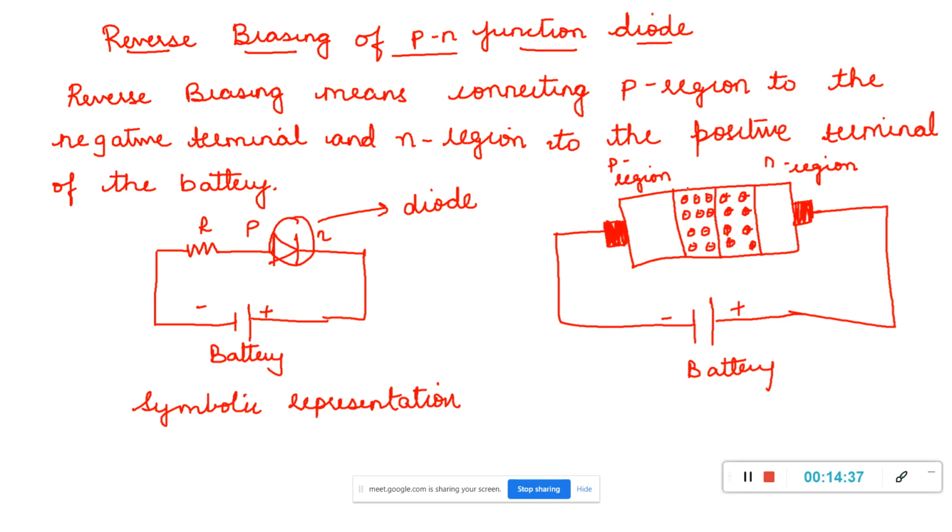These are immobile negative ions, and these are immobile positive ions. So you can see here, students, the very important point: the width of the depletion region is widened. Depletion region widens in the reverse bias.